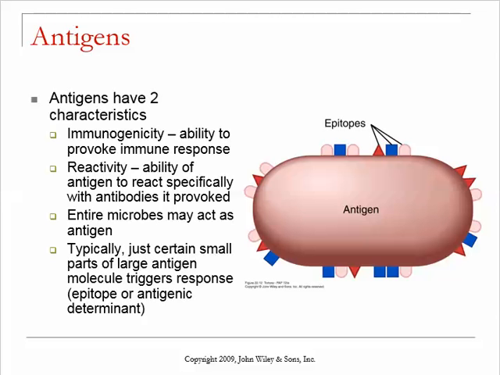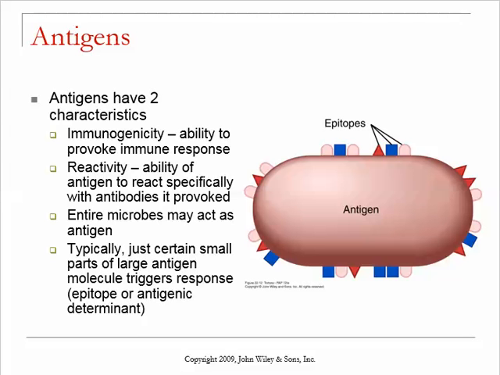The other half is they have to react with the antibodies that it provokes. It's kind of like you can upset a cop, but if he can't arrest you, then it doesn't mean very much. So there has to be this ability for the immune system to react and interact with the antigen for it to be considered an antigen.